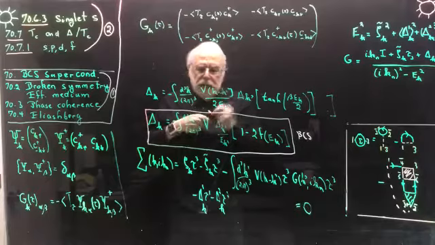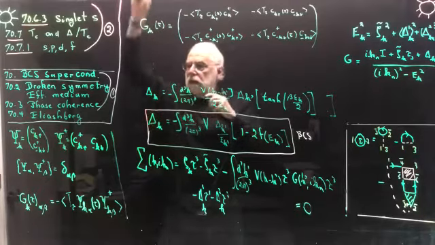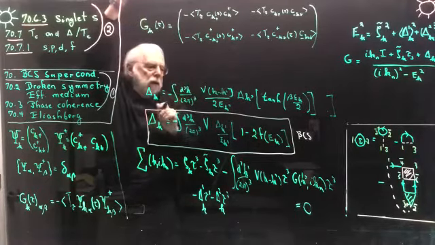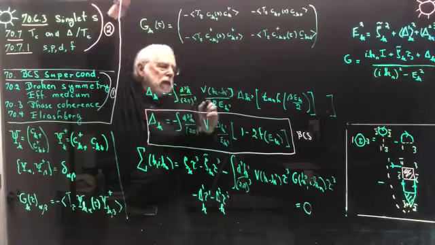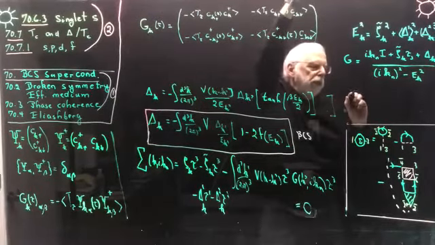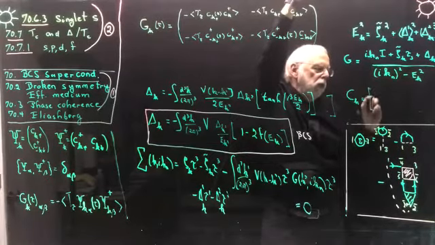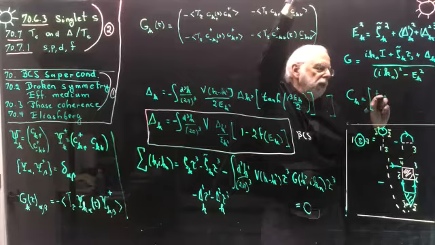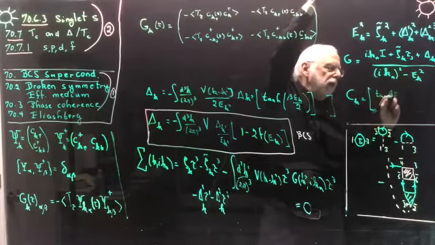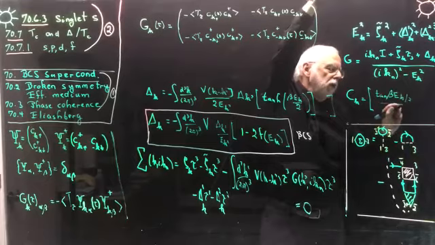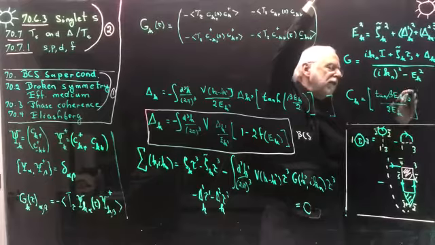Okay. So now I can multiply this by the square root. This will be a temporary definition, but let me define C of K equal to the hyperbolic tangent of beta EK over 2, divided by 2 EK, to the power 1/2.